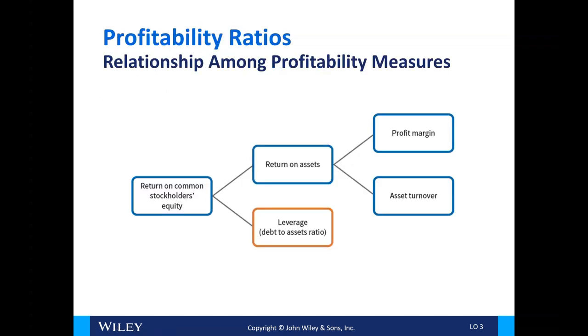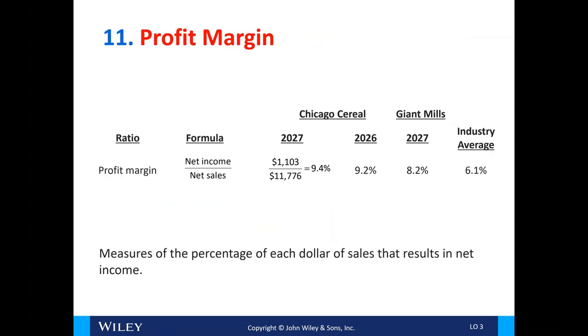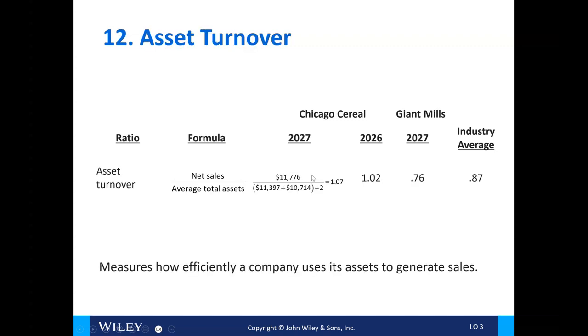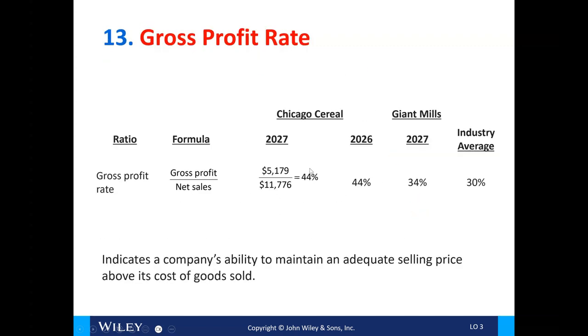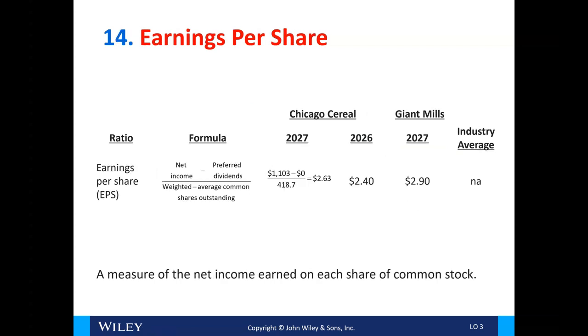And then again, profitability ratios, profit margin, that just means net income divided by net sales. So we're keeping 9.4 cents for every dollar we sold. Gross profit, we're keeping 44 cents for every dollar sold to pay for operating expenses and other expenses.